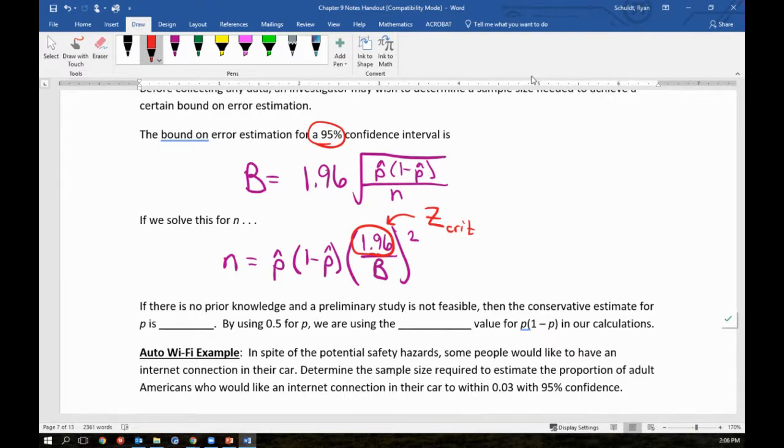This formula is great and all, but sometimes we don't know what P is. So if we don't know what P is, we have a couple of different options. One option would be to do a short little study, try to get a good estimate. Well, is that always possible?